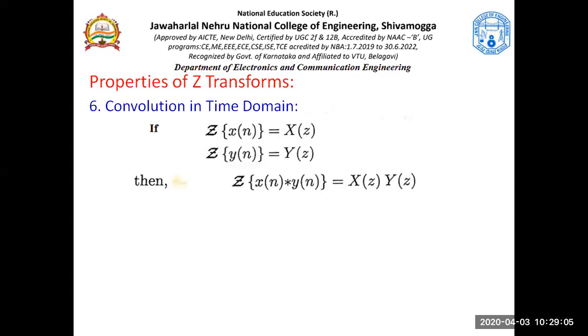Now again, you have not seen what convolution is as of now, because the convolution chapter is module 3, and we have not seen module 3 as of now.